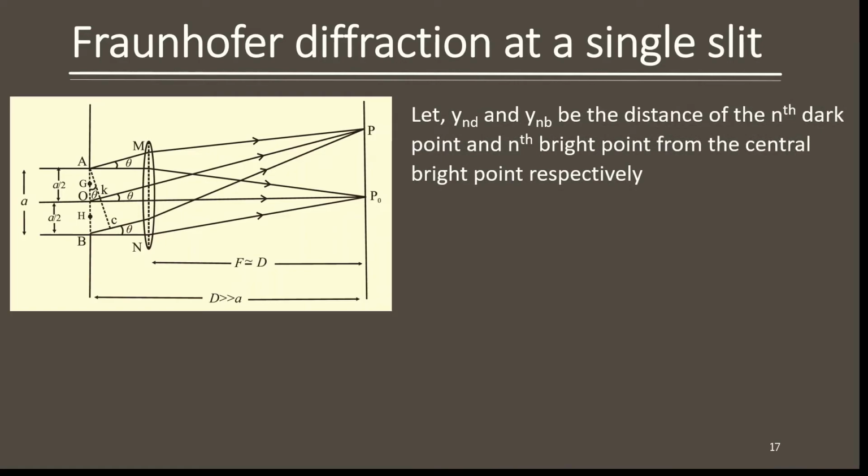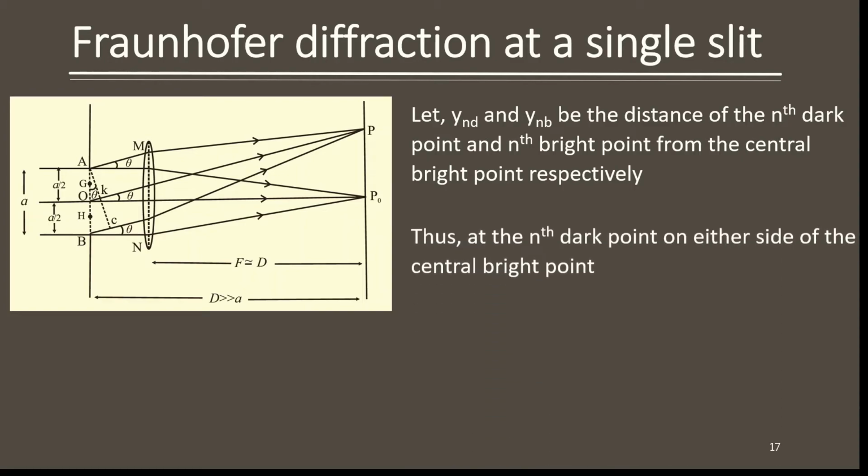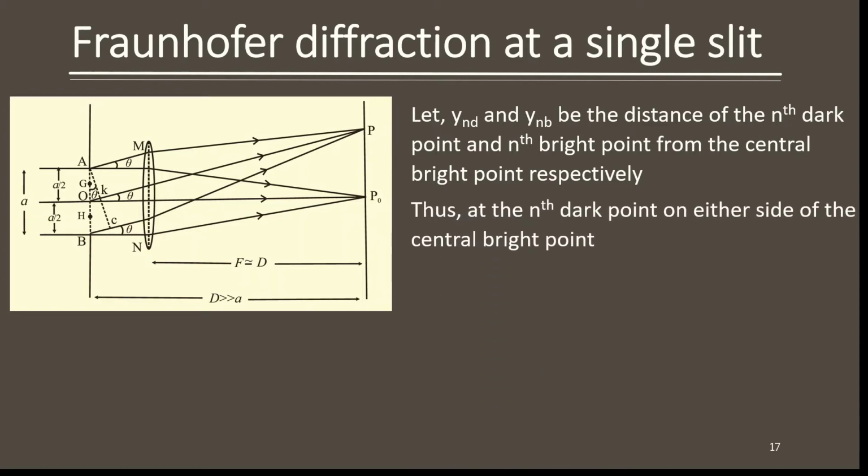Let y nd and y nb be the distance of nth dark point and nth bright point from the central bright point. Thus, at the nth dark point on either side of the central bright point, theta nd is equal to y nd upon D is equal to n lambda upon a.